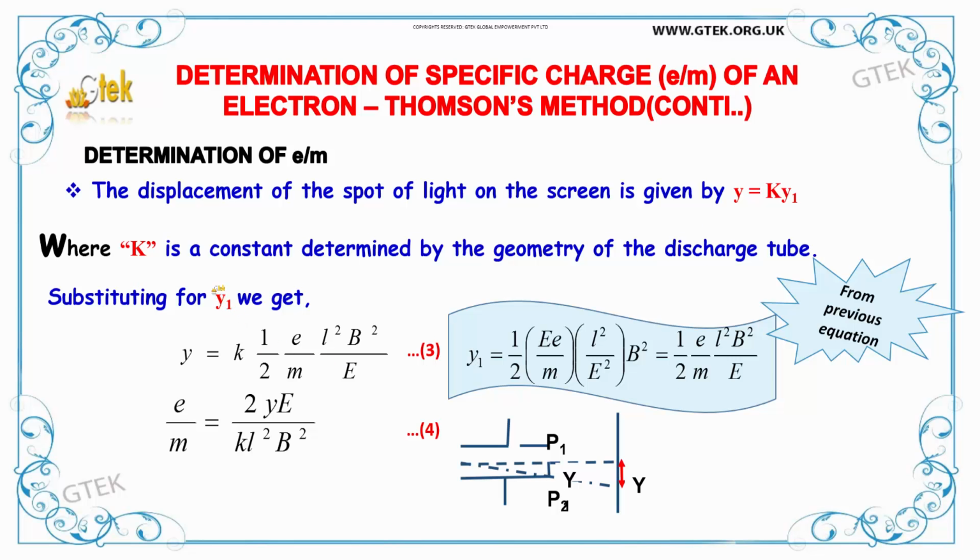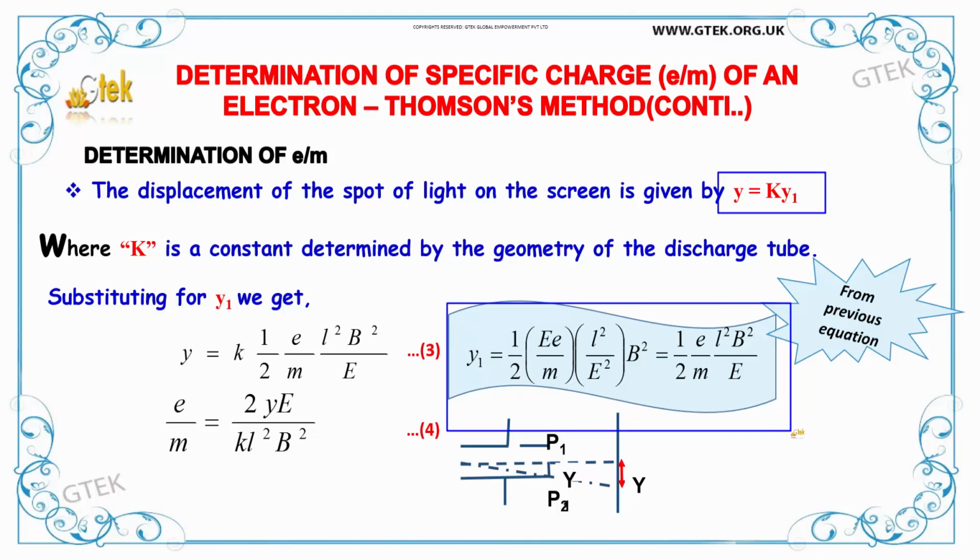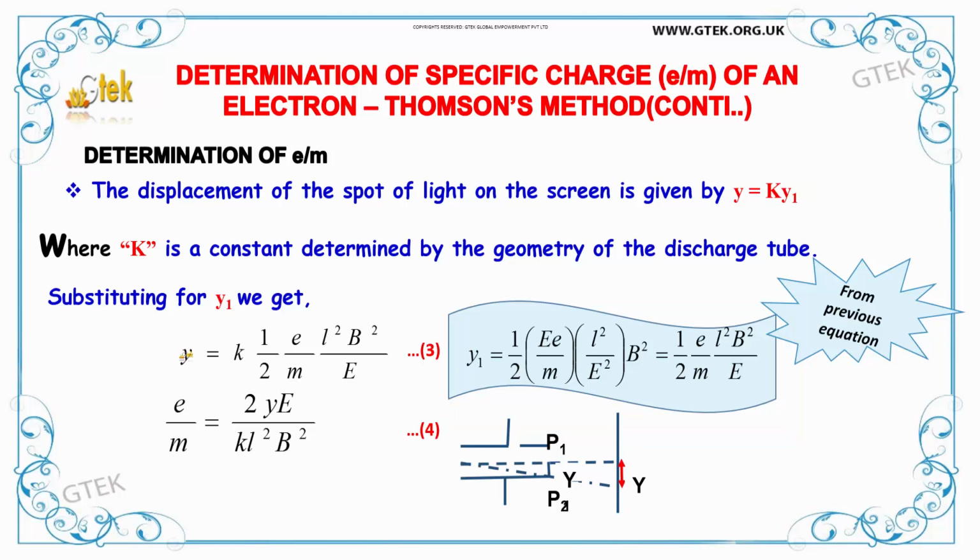Substituting y1 in this equation, where y1 is equal to this one, you get y is equal to K into 1 by 2 e divided by m, L square B square by E, where e divided by m is equal to 2yE divided by K L square B square. This is the specific charge of an electron.